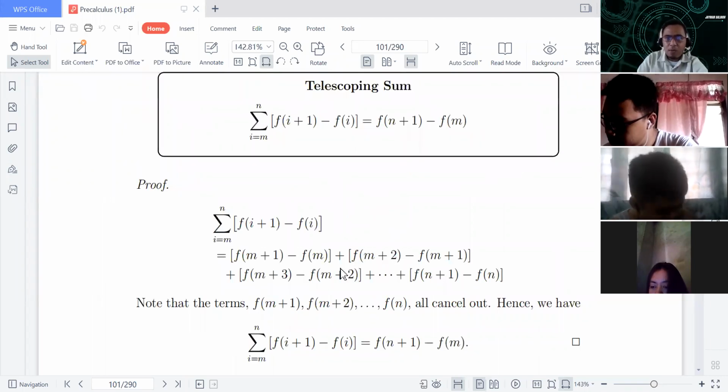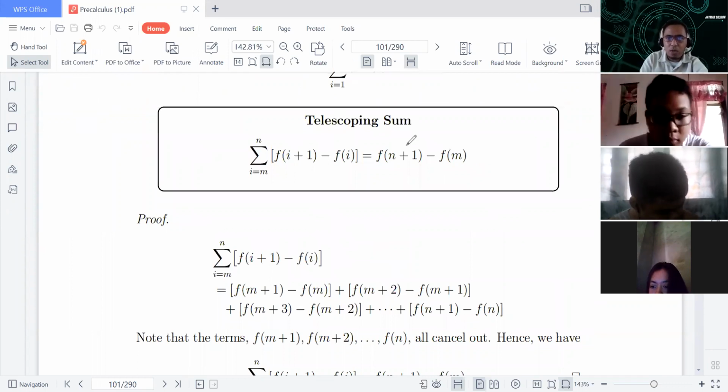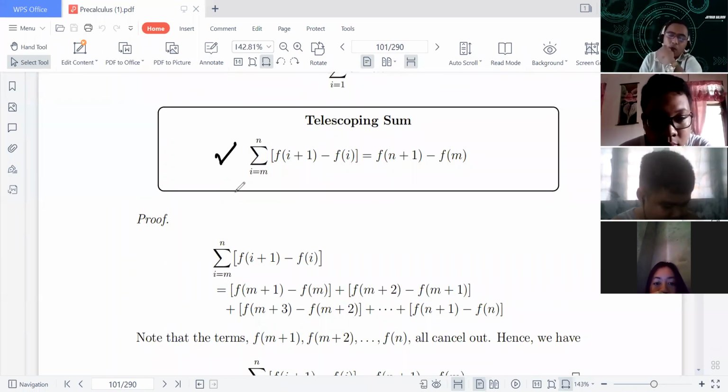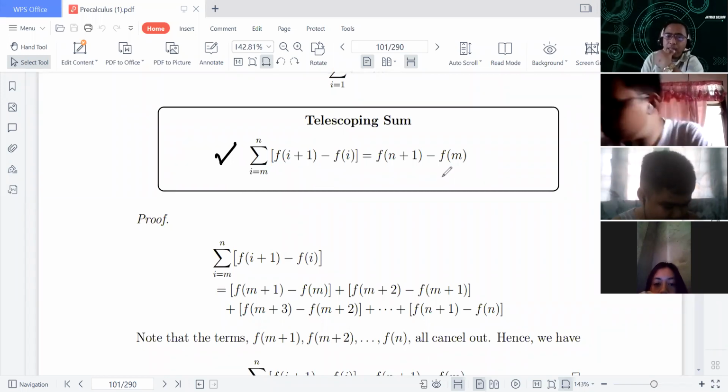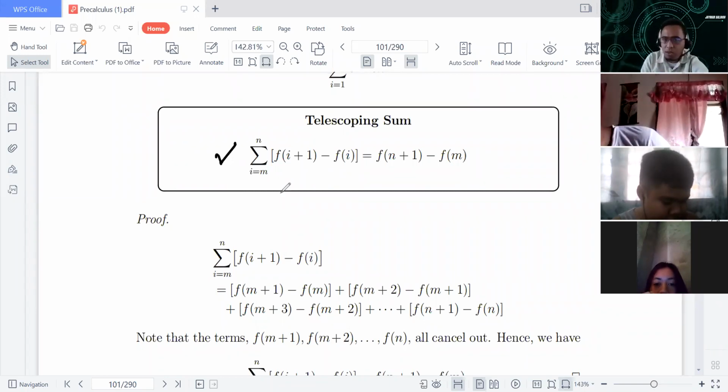By the way, we also have what we call the telescoping sum. Actually, this is very useful to derive the next formulas, but we will not be deriving them one by one. So we might not be using this one, but I will introduce it to you.